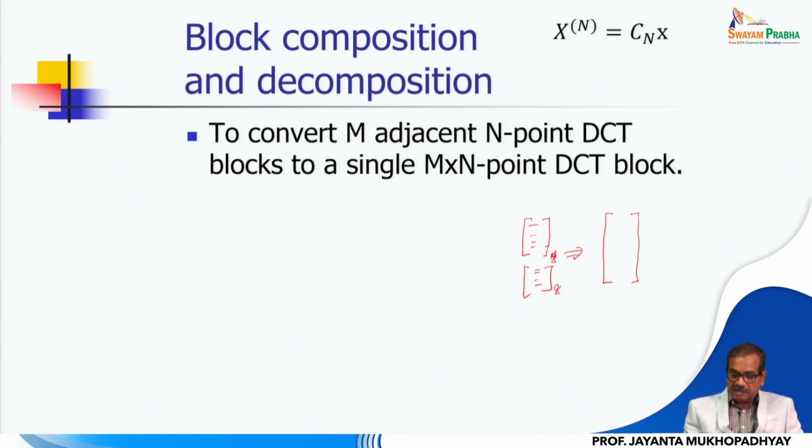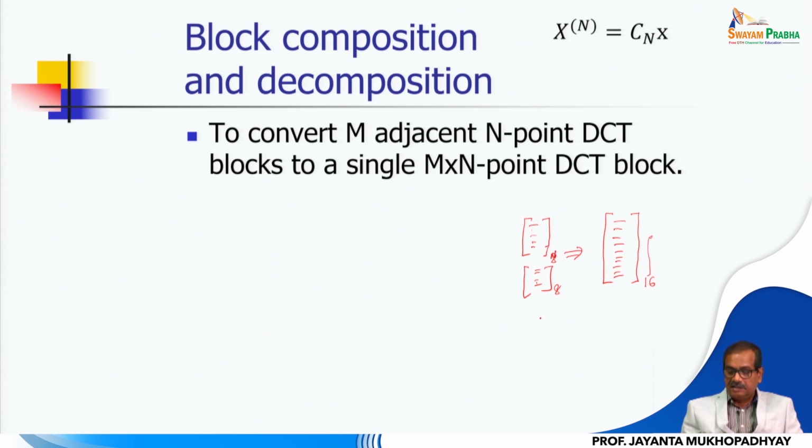Now, this merging operation, we call it composition, will give me a DCT block of length 16. This is a 16-point DCT. So, I can take two 8-point DCT blocks, and I will get one 16-point DCT block, which means the length will be the same.